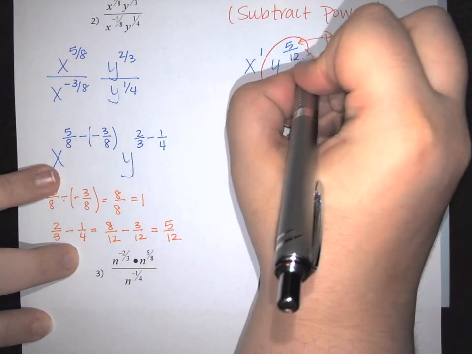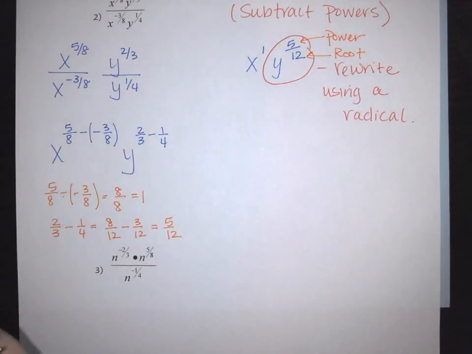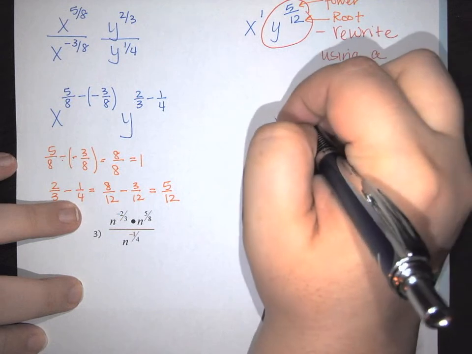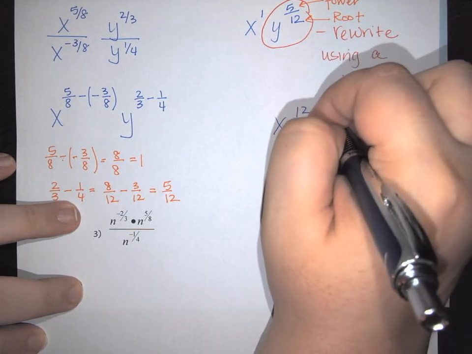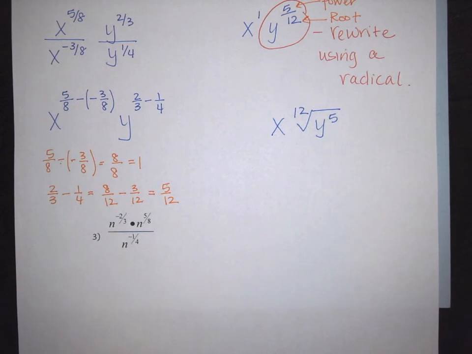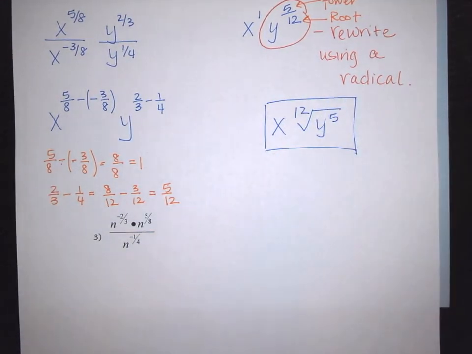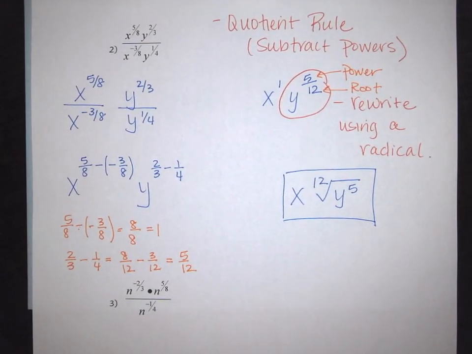My denominator here is going to be the root. And so in this case, we end up getting x times the 12th root of y to the 5th. And that is what we're looking for, this right here. There's nothing else I can do to simplify it, and so that's as far as we can go.